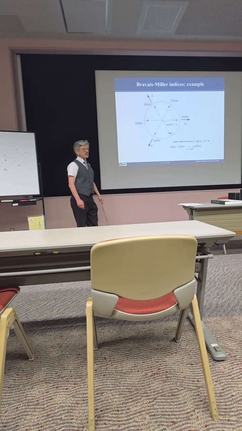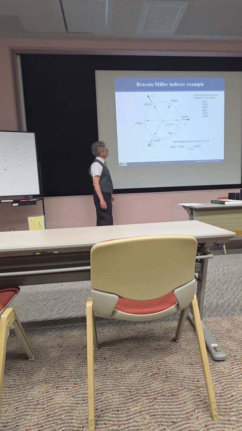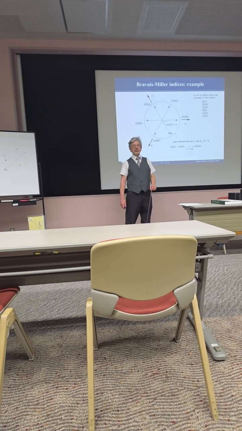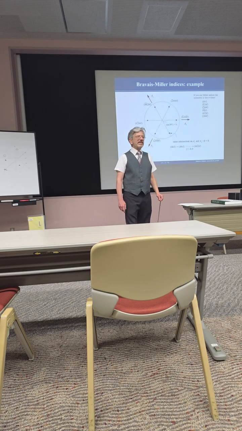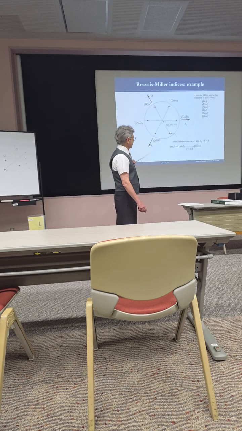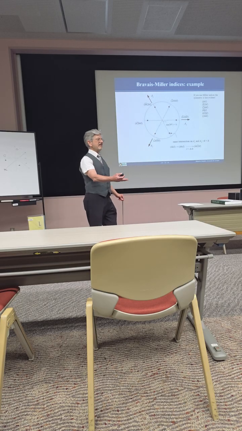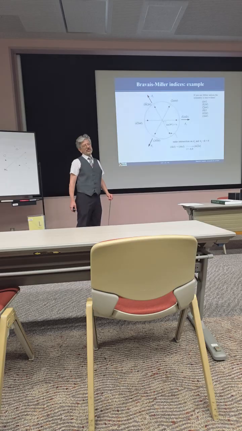If now you use the Miller indices instead of Bravais-Miller, you see that sometimes you have a factor of 2, and sometimes you don't have it. So it doesn't look very much symmetric. Whereas the Bravais-Miller indices immediately hints that this is a hexagonal form.